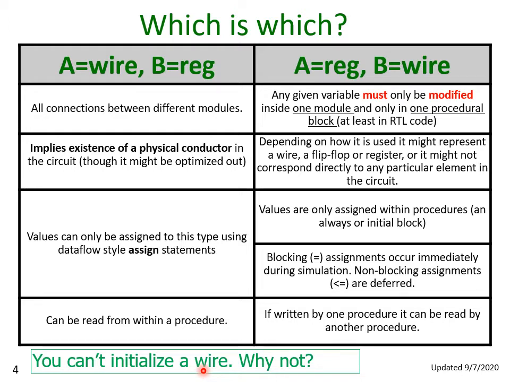Even if you try to, it won't. The only way you could initialize a value that ends up appearing as a wire in the final circuit is if it is an output of a flip-flop or a register. With a register, you can have a reset function on it that forces a value on it, and in circuitry you would typically have the reset asserted, say, on power on. So that you can initialize by applying a reset, but otherwise can't initialize it.